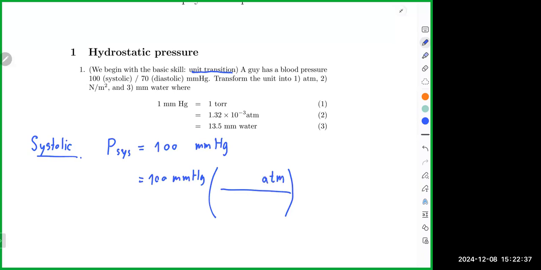And the one that you would like to get rid of is millimeter of mercury. So see here, which one would you apply? I would say the same, because it is a millimeter of mercury and ATM.